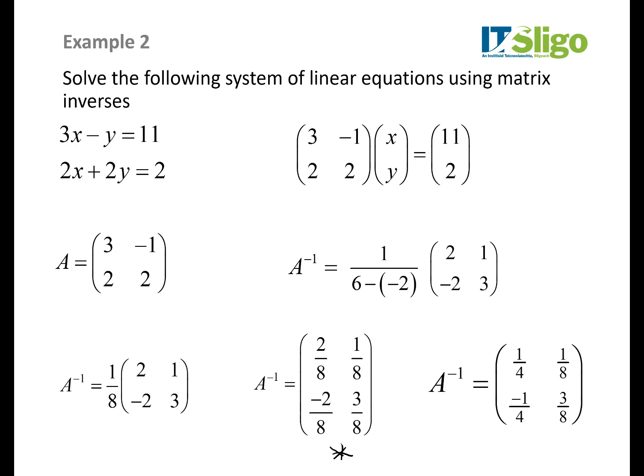They see the 2 over 8 and they naturally, and quite rightly, simplify it down to a quarter. So we've got plus a quarter and minus a quarter here. It's just when we're finishing out the problem, we're going to have to change these back to eighths again, and that's why I'm saying it makes sense to work with this matrix as the inverse.